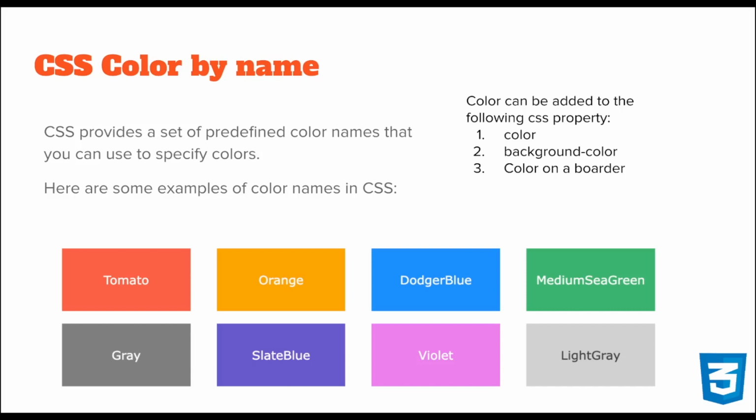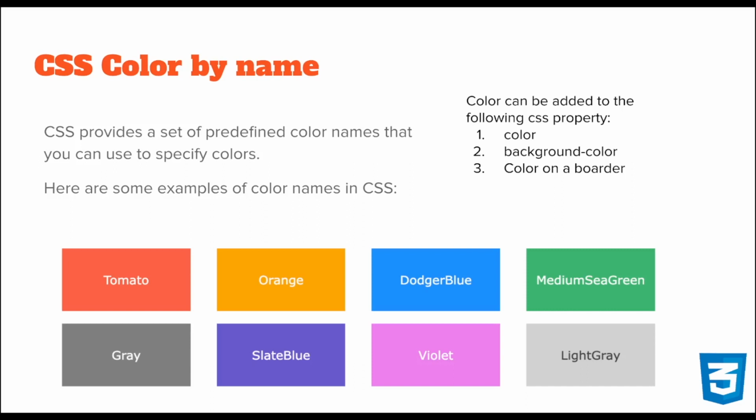Another thing you need to notice is that colors are used in 3 major places. Number 1, the color of the text. Number 2, the color of the background of the element.